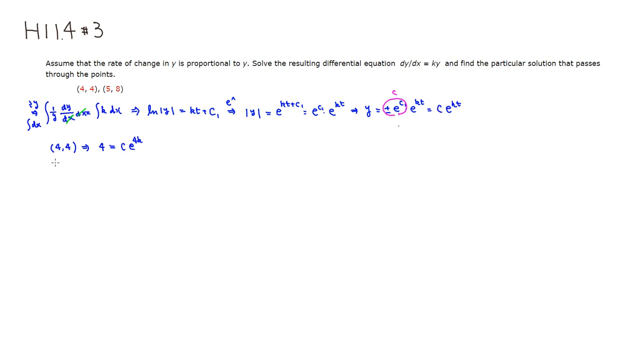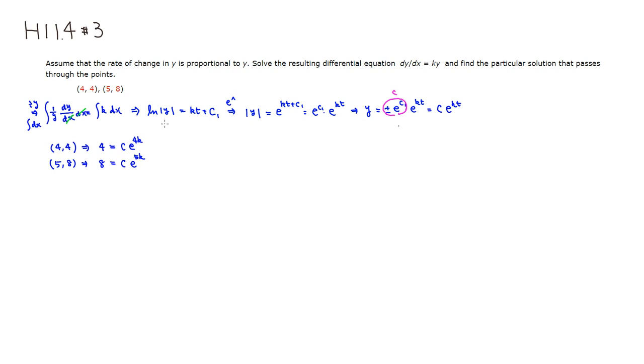And it also goes through 5, 8, which means that y is equal to 8 when t is 5. So C e to the 5k. So we have that.